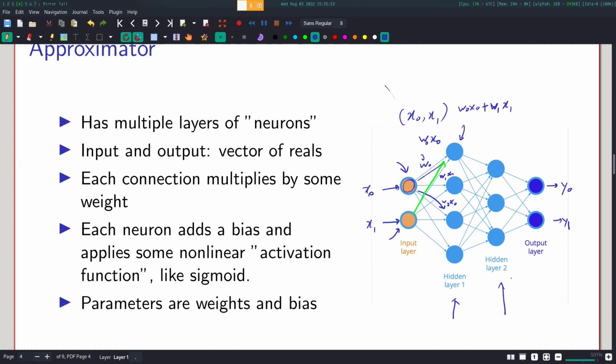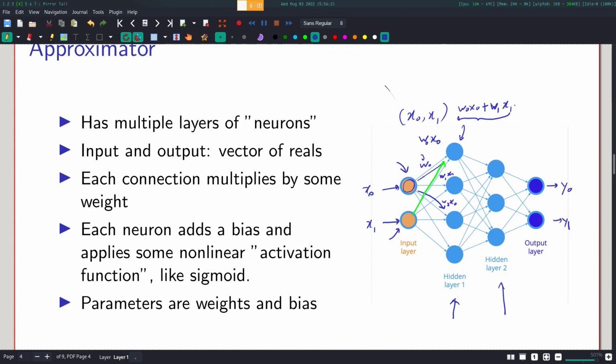Usually you don't have connections that skip layers, although there's nothing in particular stopping you, but let's keep things simple. Think that connections are from one layer to the next layer and so on, right? So you will have such layers, and what each neuron gets is this kind of weighted sum of the values coming from the previous layer, right?